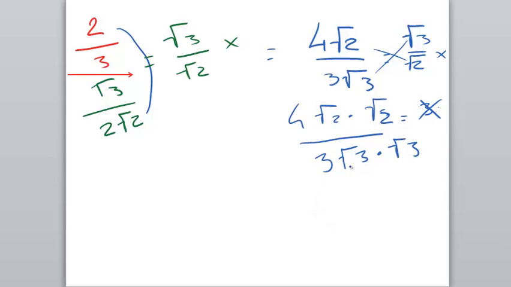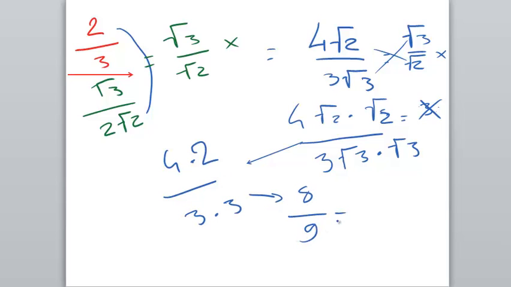So that would mean 4 times root 2 times root 2, the roots break off and the 2 comes out, and root 3 times root 3, the roots break off and 3 comes out, which will be equal to 8 over 9, which is equal to x.